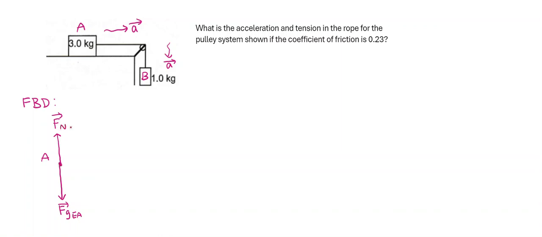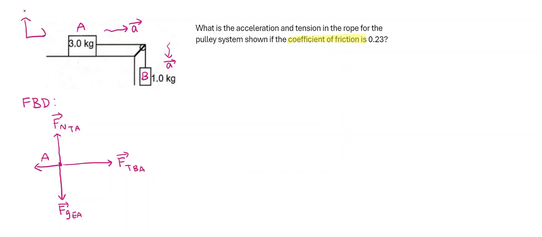So Fn of table on A, and we have the tension force pulling this way, B acting on A. And then we are also told that there is some friction here, so we also need to account for that. Friction will move in the opposite direction of the acceleration, so that's why the arrow is going to the left.